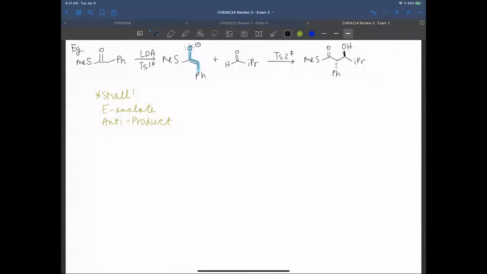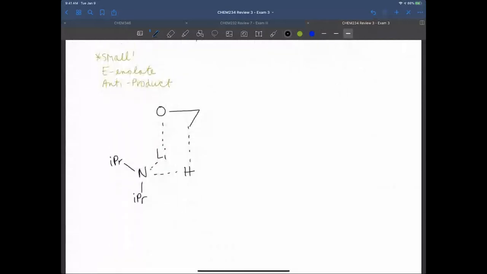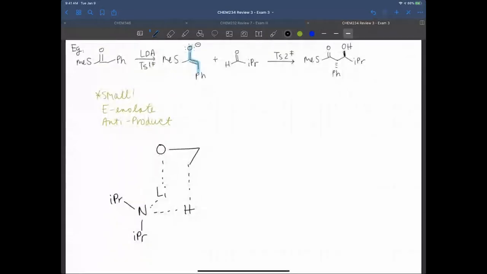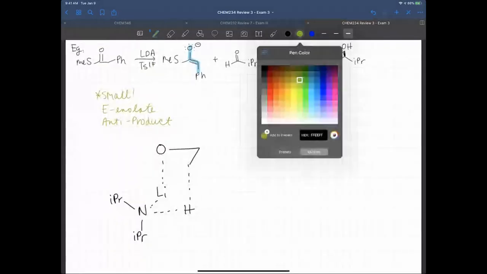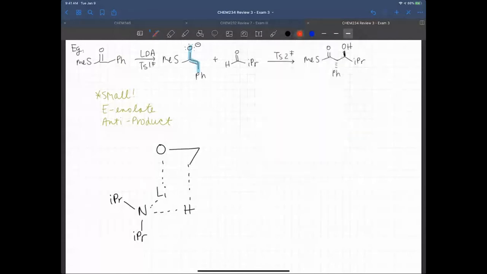Okay, so let me draw you the chair. All right, now tell me what goes on the red bond.